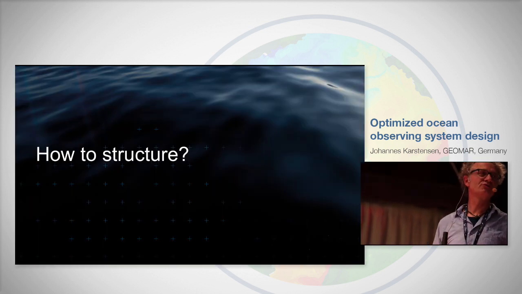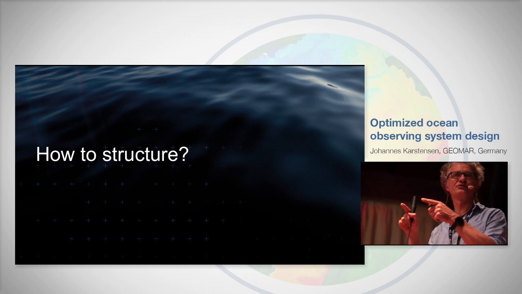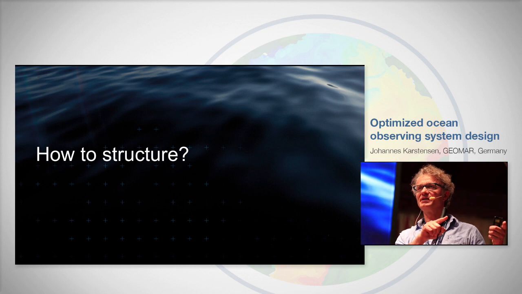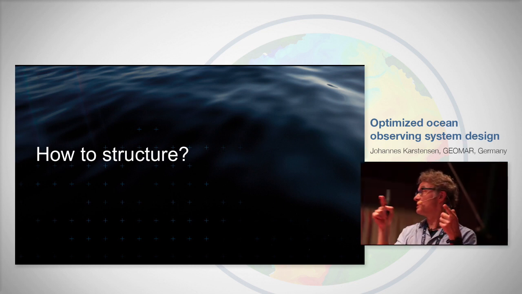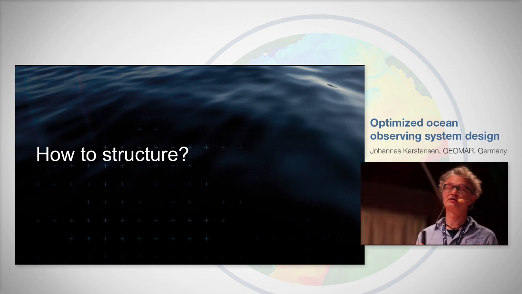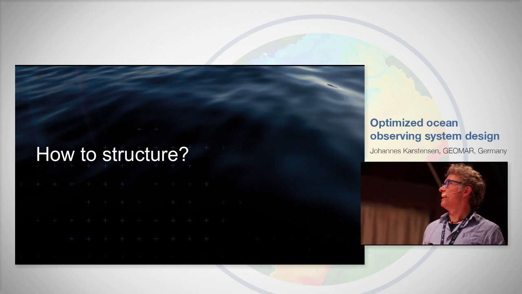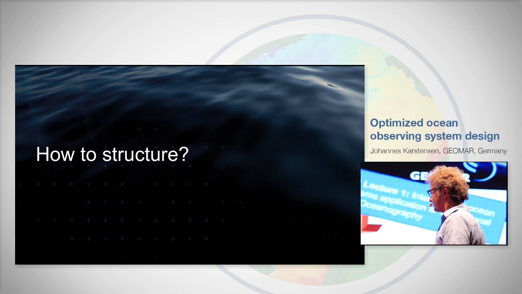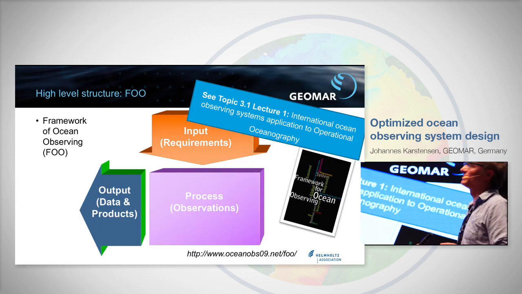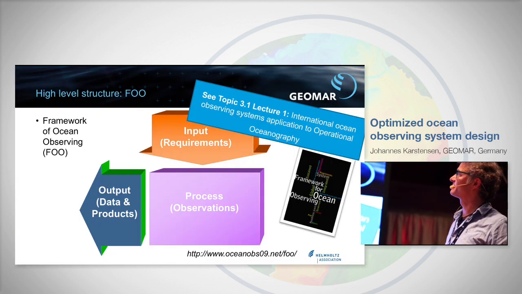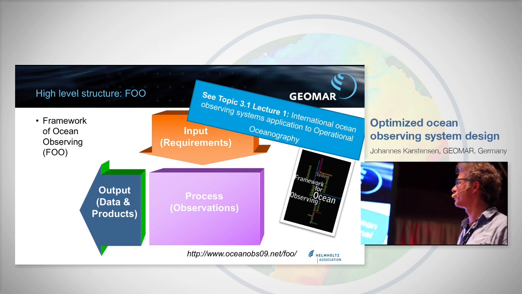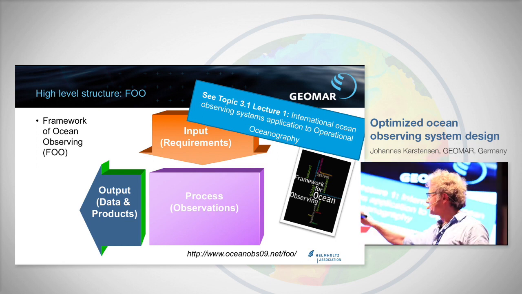But the question is now how to structure that. We have certain hypotheses, we have scientific knowledge, we have the society that wants answers or information about certain issues. And now we need to do our experiment. This you have seen already. So this is the very, very basic graph from the so-called framework for ocean observing. So this is more or less a society here.